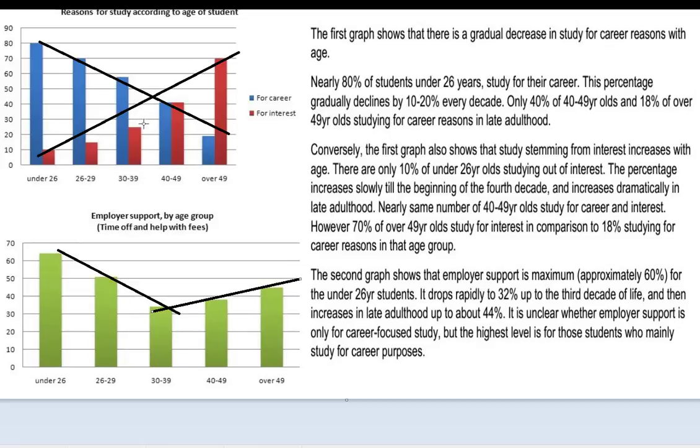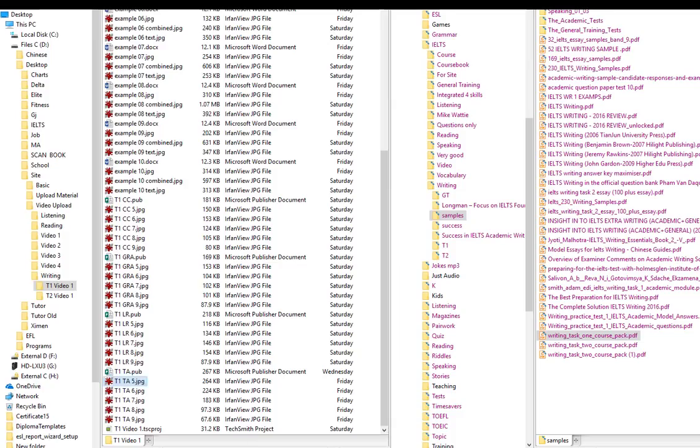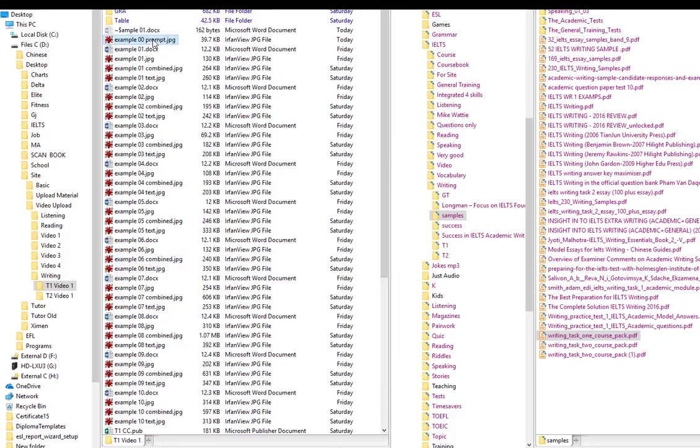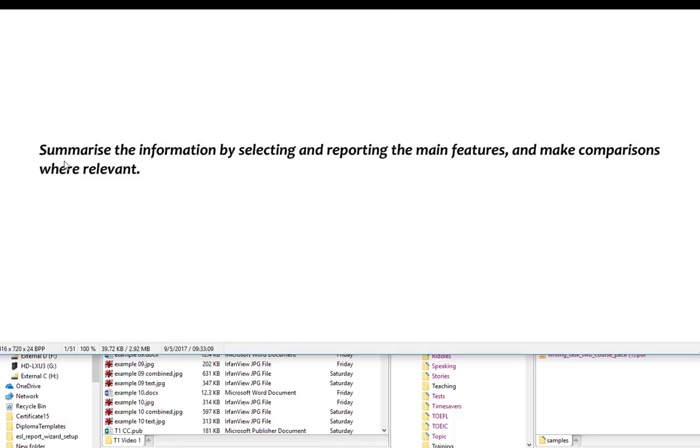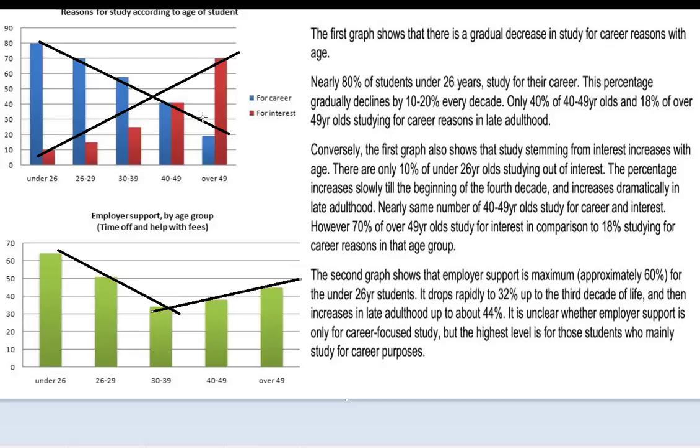These are the major trends, because if you look at what the prompt usually says, it says summarize the information by selecting and reporting the main features and make comparisons where relevant. Well, the main features are what we see here, represented by these black lines. Those are the main trends. Okay, so let's see what the writer did.